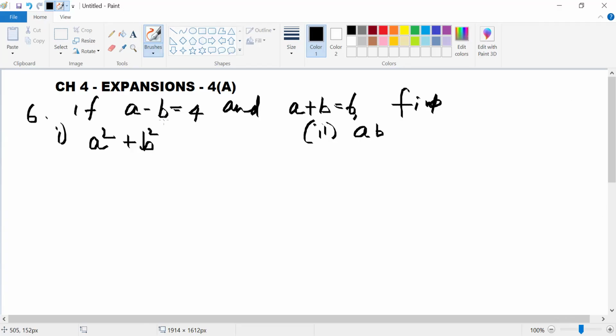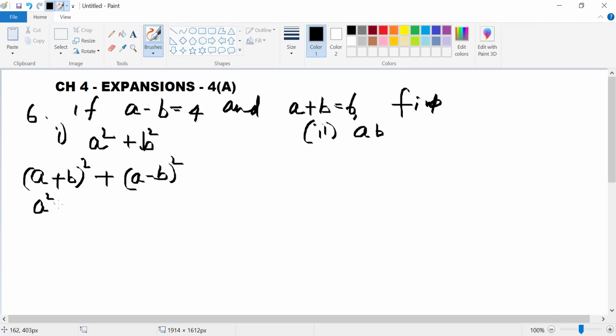So A minus B is given, A plus B is given. We know that A plus B into A minus B is A square minus B square. But here we have to find A square plus B square. So what to do? What will you get if you do A plus B whole square plus A minus B whole square?